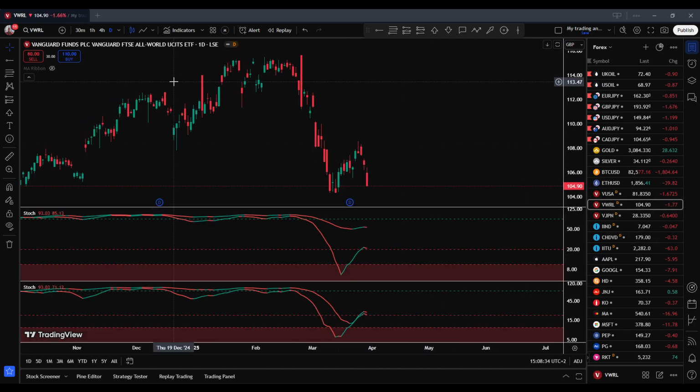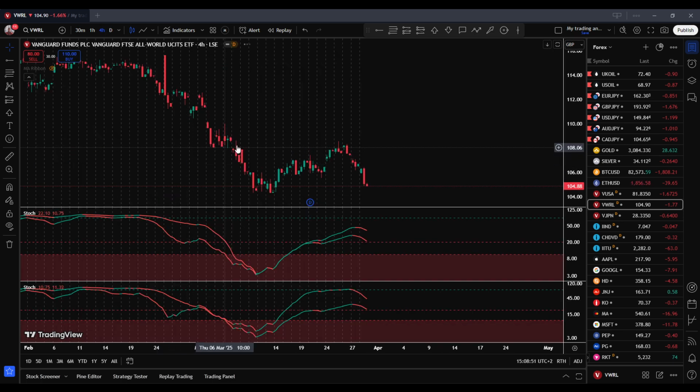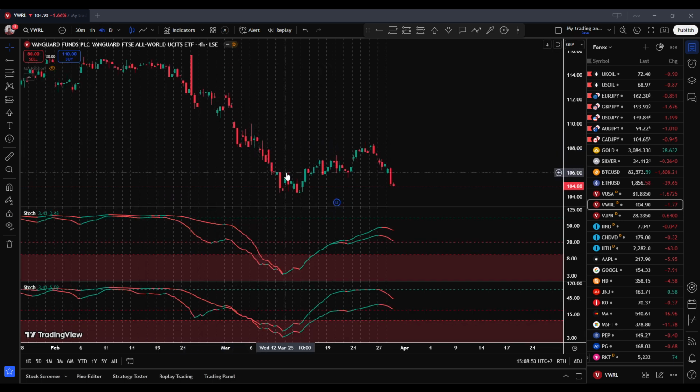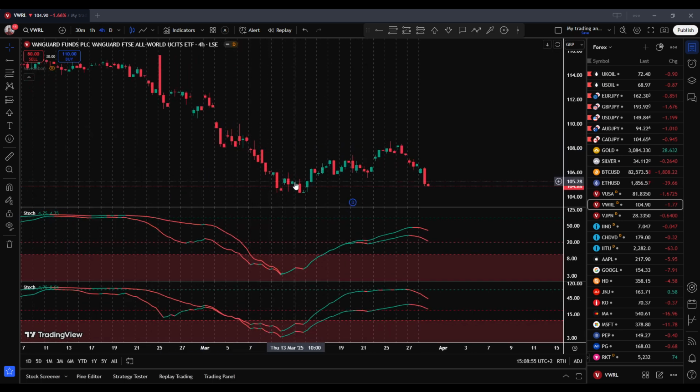Next is Vanguard FTSE All World. Nothing on the daily. Price was in the oversold conditions with two of the stochastics. But on the 4-hour, again, we have a signal for buy here from Tuesday.